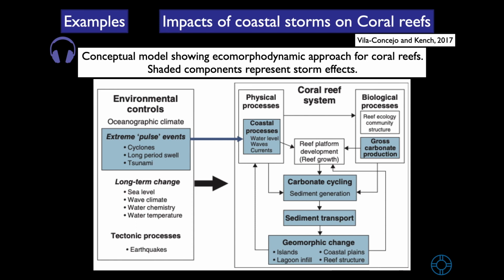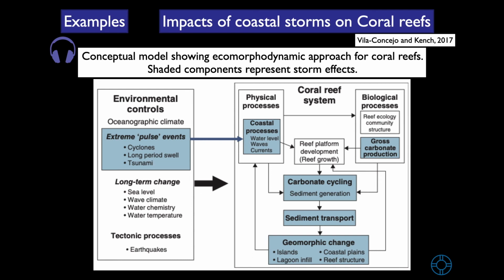Thirdly, the system contains feedback that, in case of storms, are temporally specific. Short-term change in incident energy alter ecological communities structure, reef morphology, sedimentation processes, and short-term geomorphic shift in beach and island shorelines.